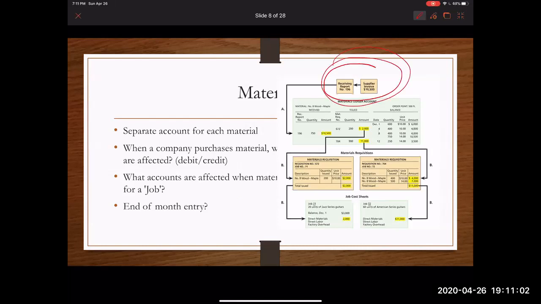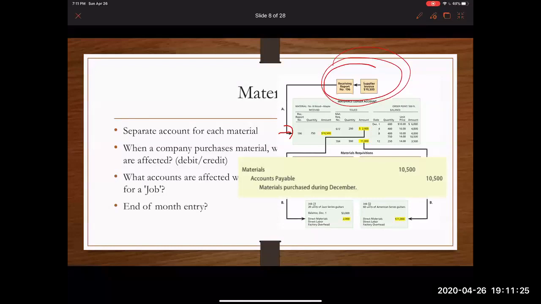We went out to our supplier because our inventory is being depleted as we apply it to different jobs, and we needed 750 pallets of maple wood. To complete that transaction, we debit materials for the 10,500 and credit accounts payable, okay? That is how we are increasing our inventory.